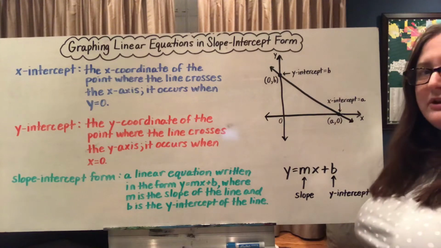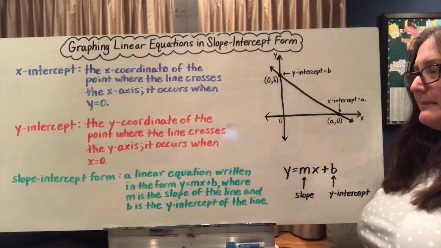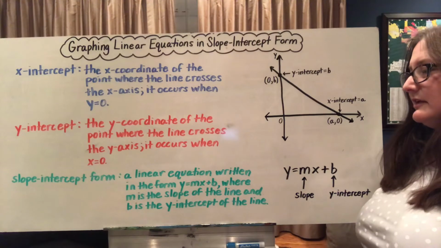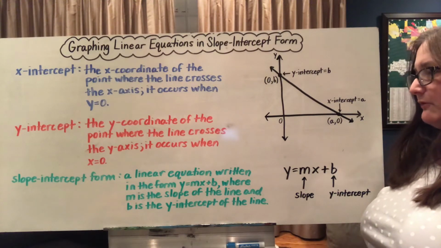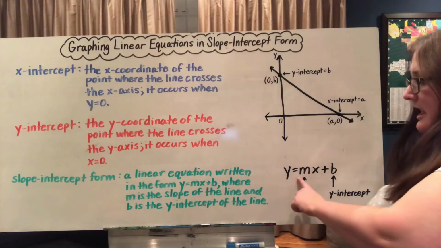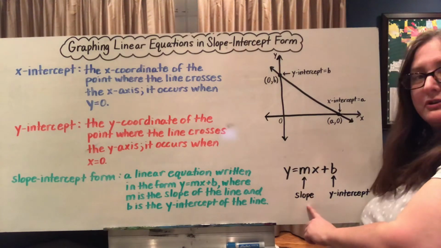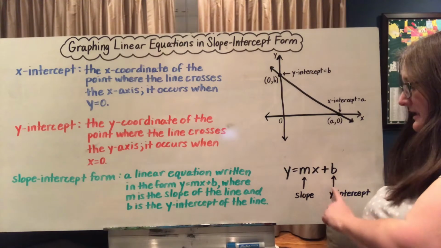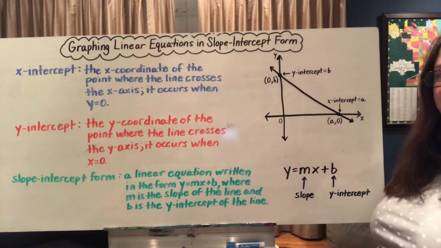When an equation is in slope-intercept form, it represents a linear equation in the form y equals mx plus b, where the letter m stands for the slope of your line and the letter b stands for the y-intercept of the line.